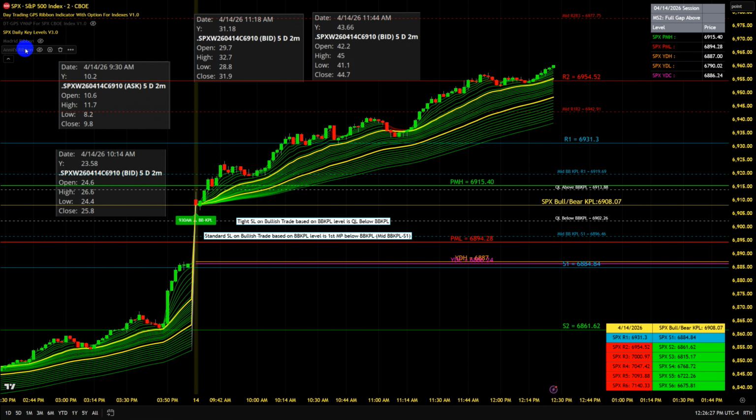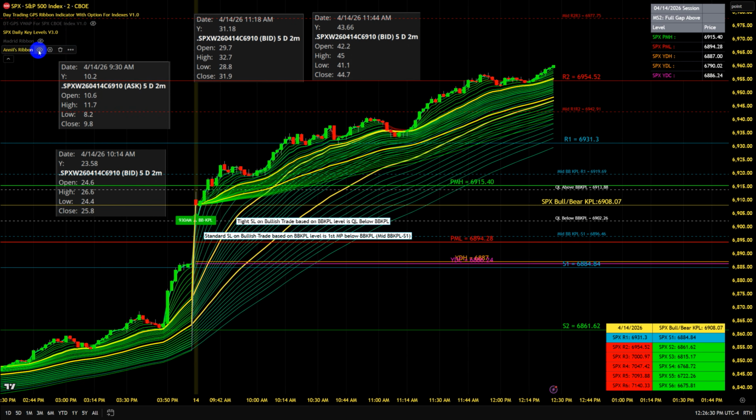We'll go ahead and turn off ours, such as the Madrid ribbon, where the ribbon is affected by the gap. Now, in this particular case, this is more on the size of a lower medium type of gap, so it may not be as prevalent on this type of gap, but if you get a very sizable gap to an extreme gap, it can really throw off the ribbon and kind of pollute what you're looking at.